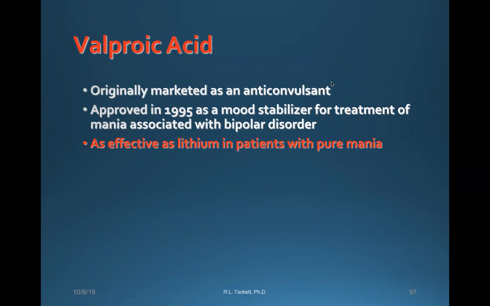In the data and the information that we have, it appeared to be as effective as lithium in patients that had pure mania. So that was an important issue there.